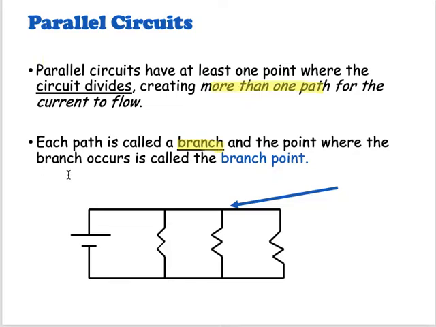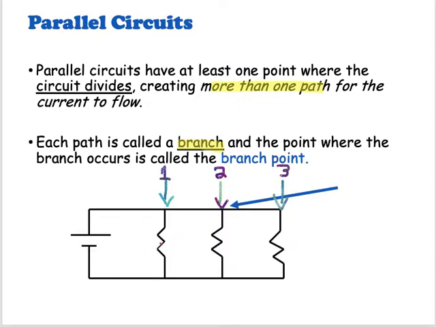So if we look at this picture below, we would call this branch 1. This could be branch 2. And this would be branch 3. And so this is a parallel circuit with 3 branches, 3 paths for the electricity to flow.